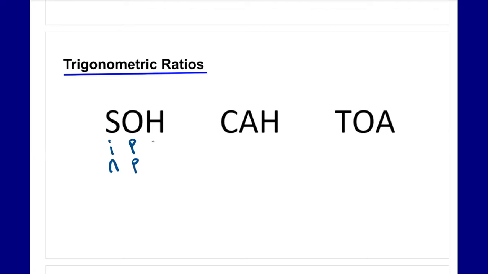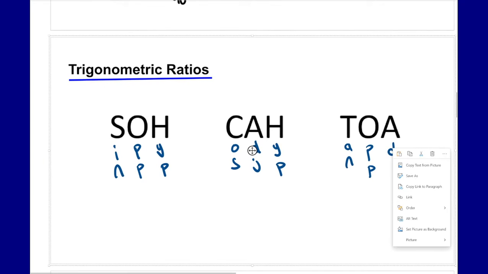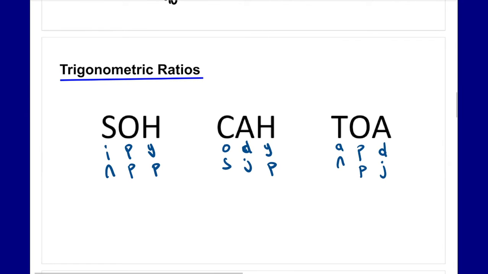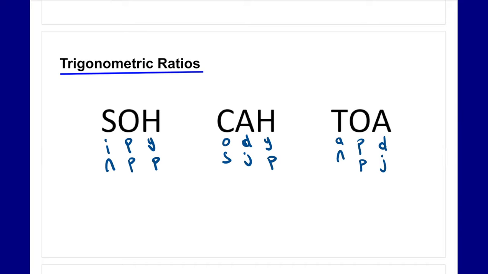Sine is opposite over hypotenuse. Cosine, or cos, is adjacent over hypotenuse. Tan is opposite over adjacent. So again, that's just a quick way to remember your ratios.